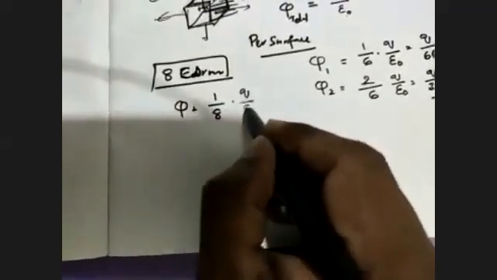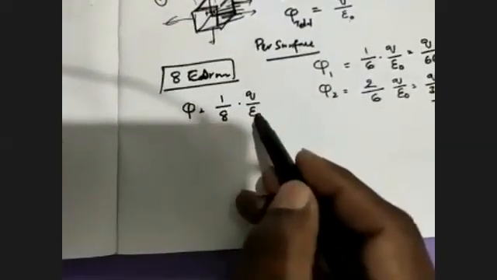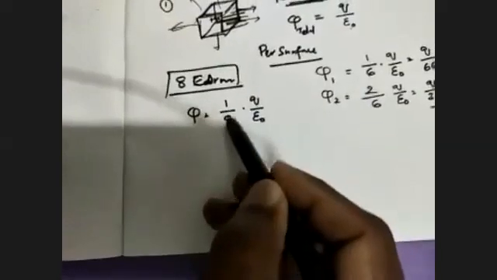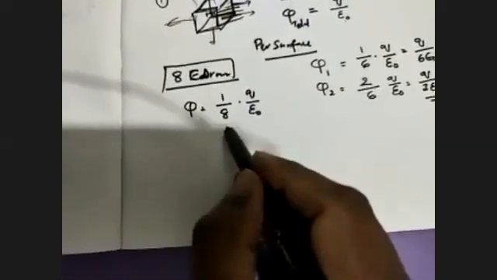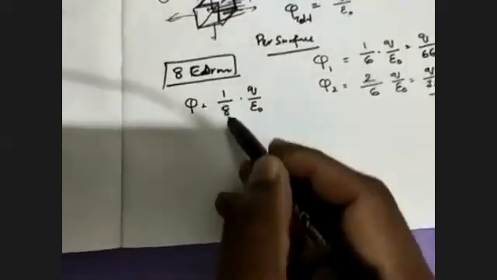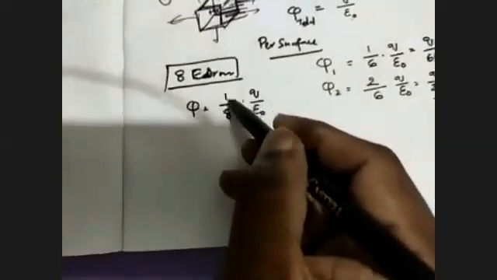So how much flux will come from each of the corners? 8 corners are there, so taking 1 corner among 8, the flux is Q by 8 epsilon naught. Total flux is Q by epsilon naught only, but for one corner it is one eighth. So if 2 corners, 2 by 8, 3 corners, 3 by 8, 4 corners, 4 by 8, like this.